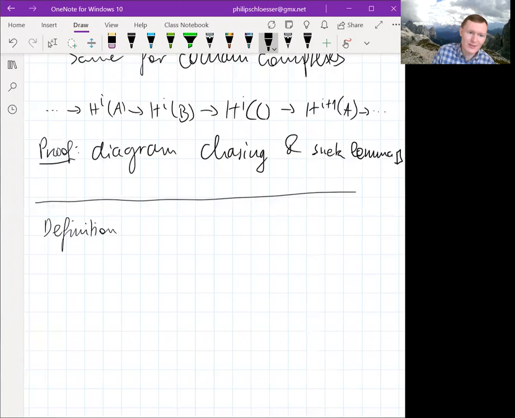Okay, but I guess we will first start by saying what is an injective or projective resolution.